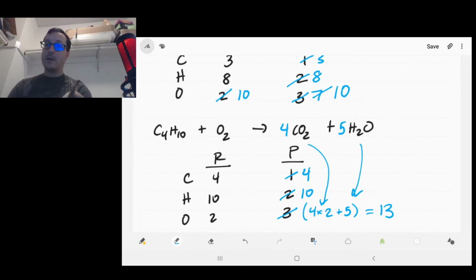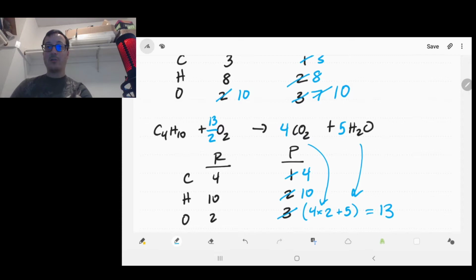And so again, we could try putting 26 for our oxygen, because 2 and 13 don't multiply easily to match. If I need 13 oxygen atoms, but they all come as pairs, we can just say 13 over 2.